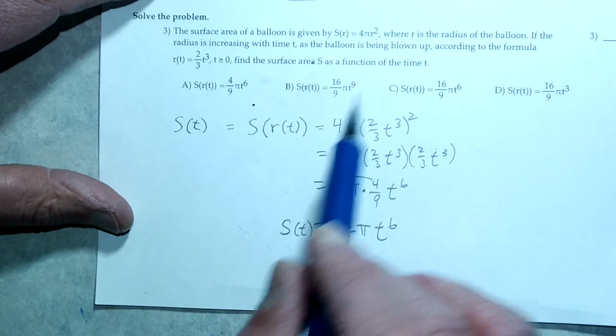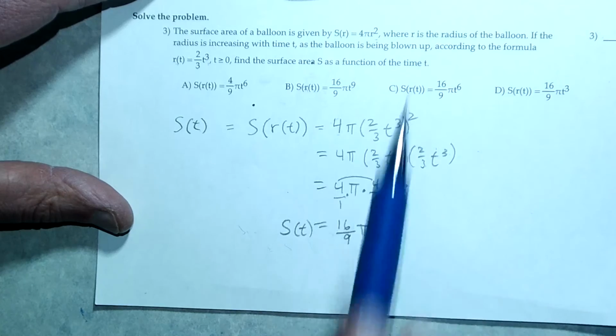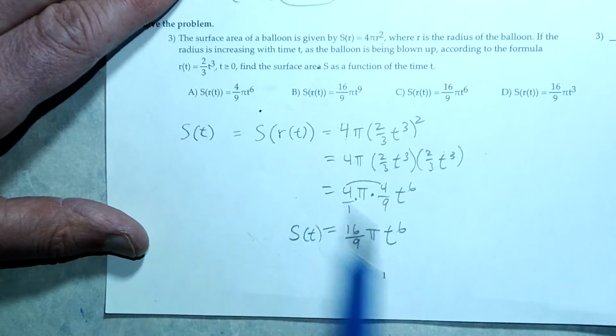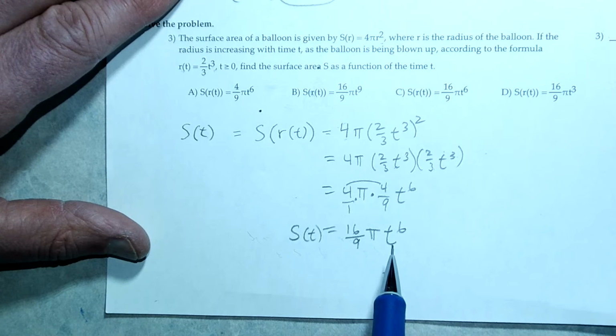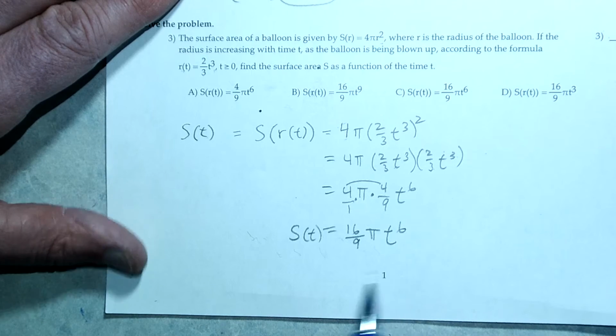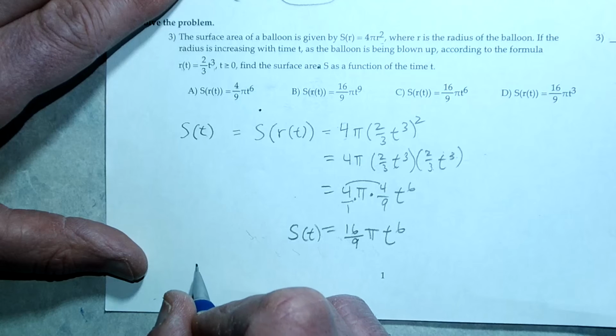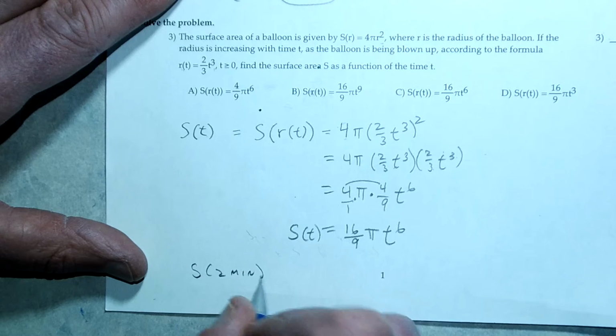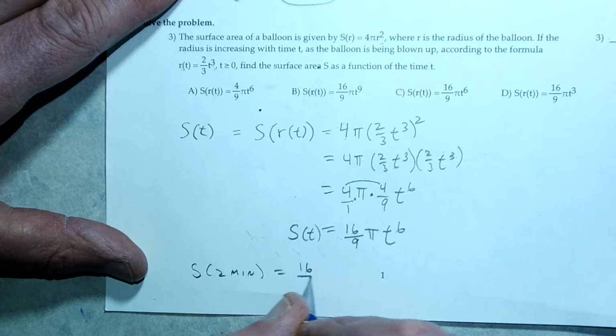I don't know if it tells me in here. I'm looking. I don't think it gave me a specific value. But if this is time in minutes, then I would put a 2 in there, and I'd evaluate this. The surface area of the balloon at 2 minutes would be 16 over 9.